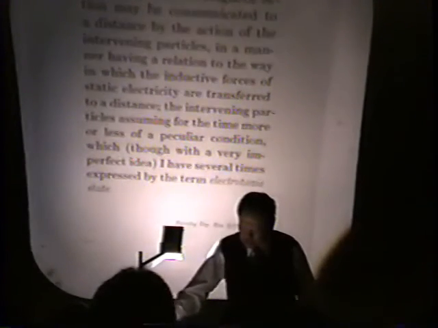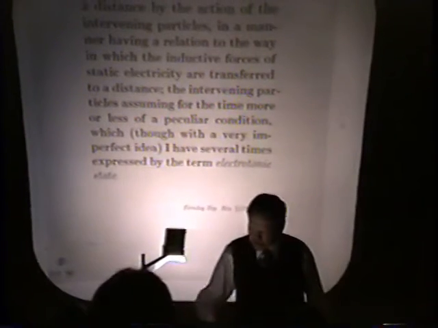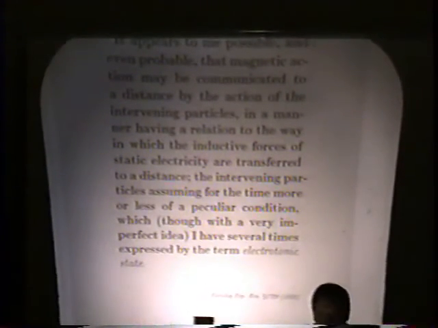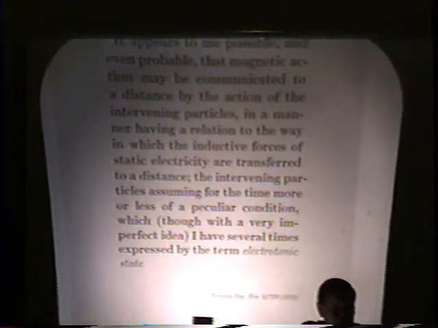Now, the particular concept of Faraday that Maxwell wanted to put into mathematical form was this concept called the electrotonic state. This repeatedly occurred in Faraday's papers, but it was never very clearly defined.